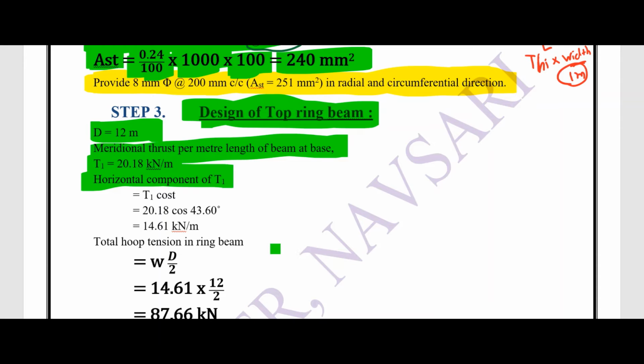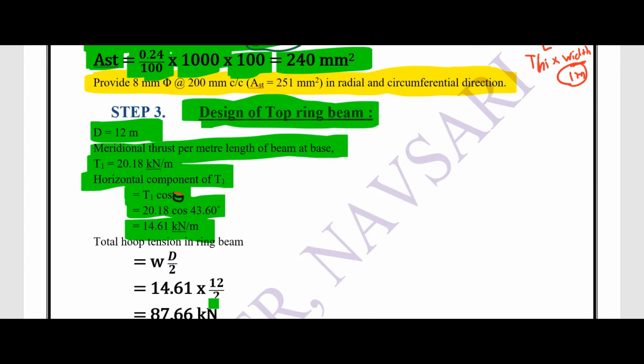T1 cos theta, here is theta, okay. T1 cos theta is 20.80 cos 43.60. So the horizontal component of T1 is 14.61 kilonewton per meter.